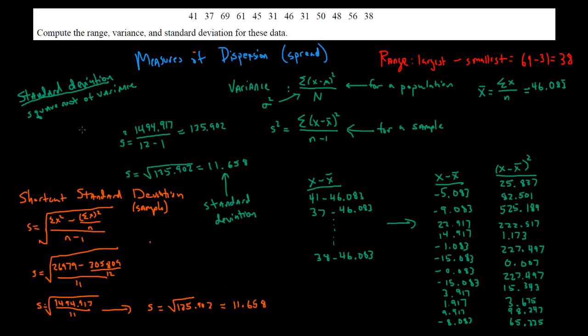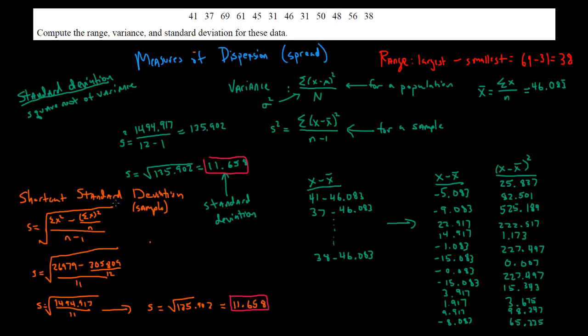So, look here, we got the same answer twice, which means we probably did it right in that case. Okay? So the standard deviation is 11.658. Notice that process took a lot less time than this process over here.